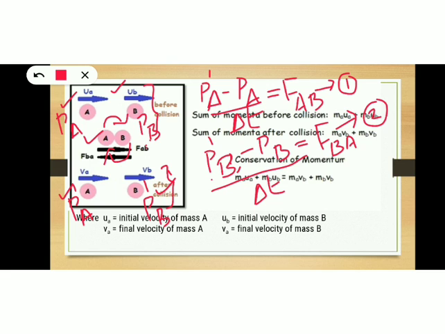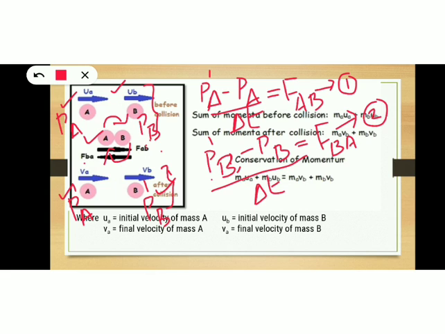So we got the expressions for FAB and FBA. But we know FAB is equal to minus FBA. That means both FAB and FBA are equal but opposite. So just substitute that.